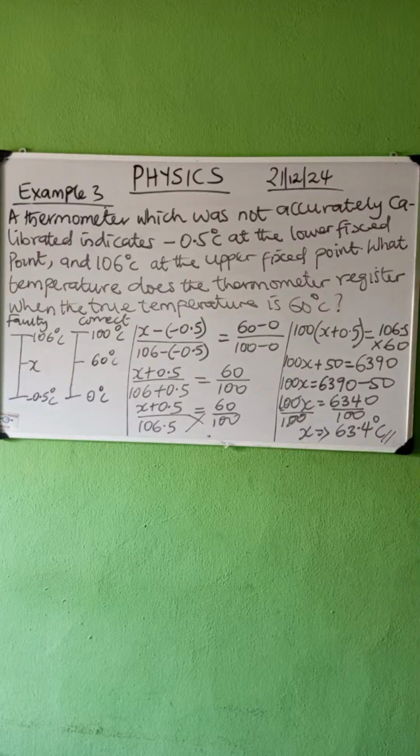For example, the accurate Celsius scale is complete. So you must compare it with the faulty one to be able to get the difference or the unknown. All the ones we have been solving, we have to compare. We are compare it with the correct one, then you find the unknown.